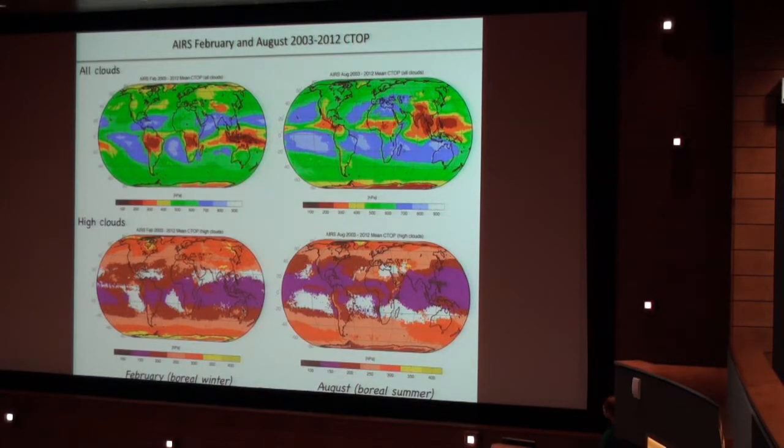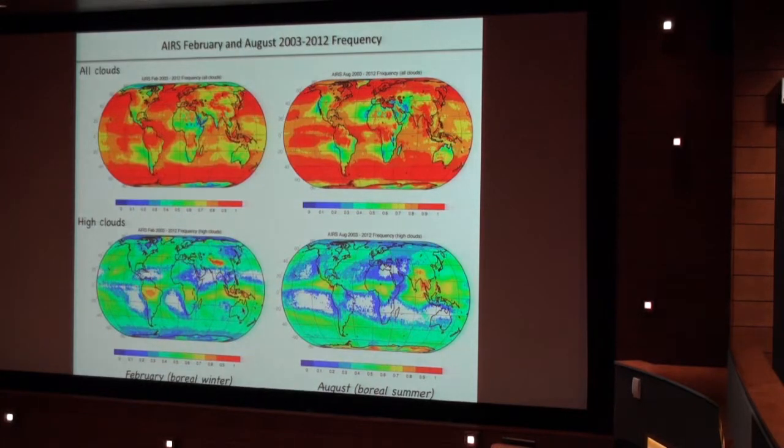So now these are the corresponding cloud frequencies for the same time period. Again, the highest clouds are found in the tropical ITCZ, and far less frequent high clouds are found in the subtropical oceans, as you can see on the west coast of Africa and South America.